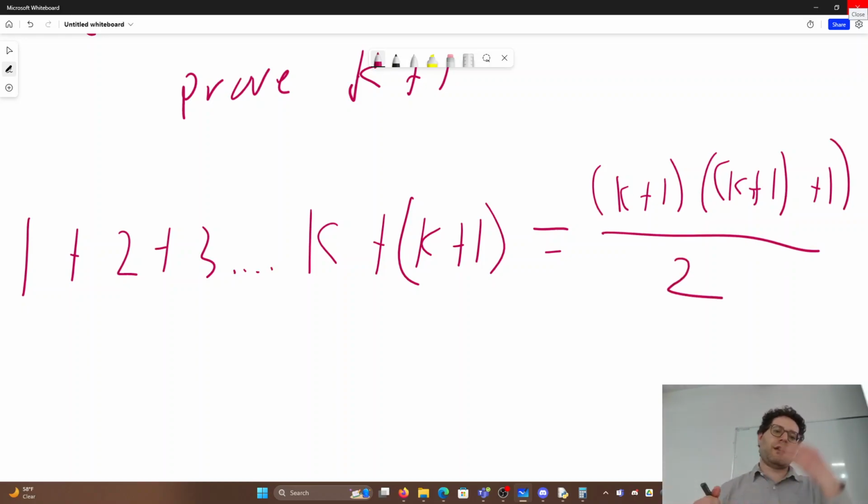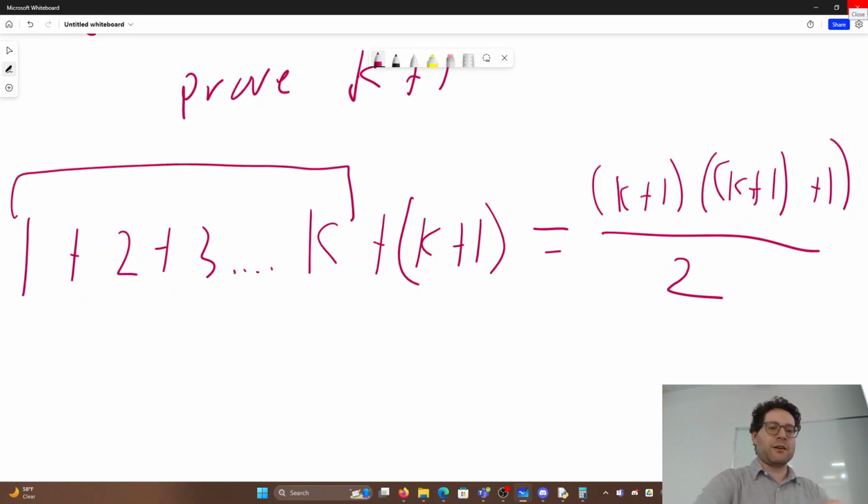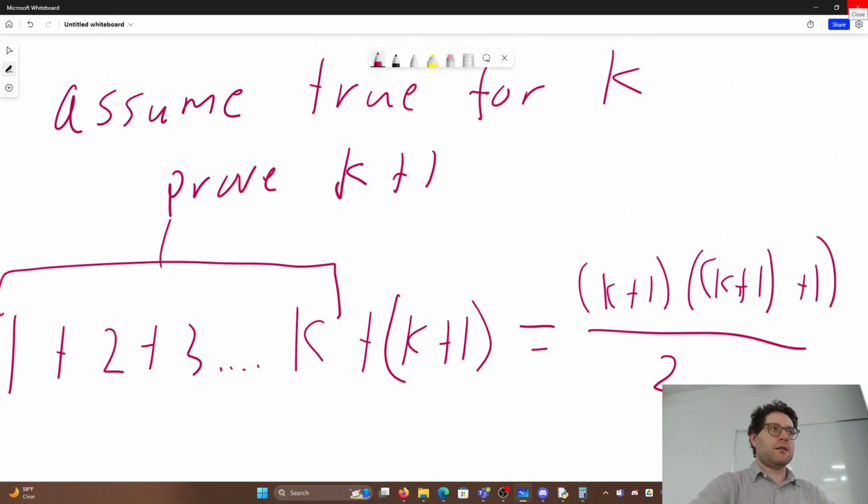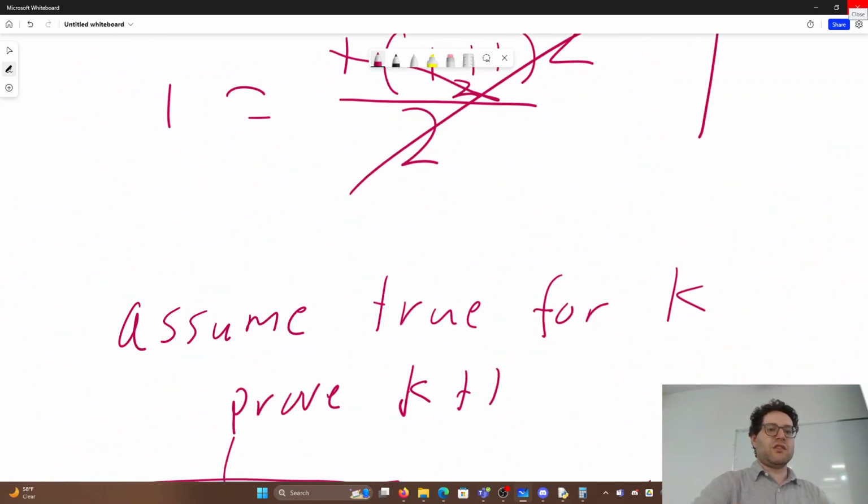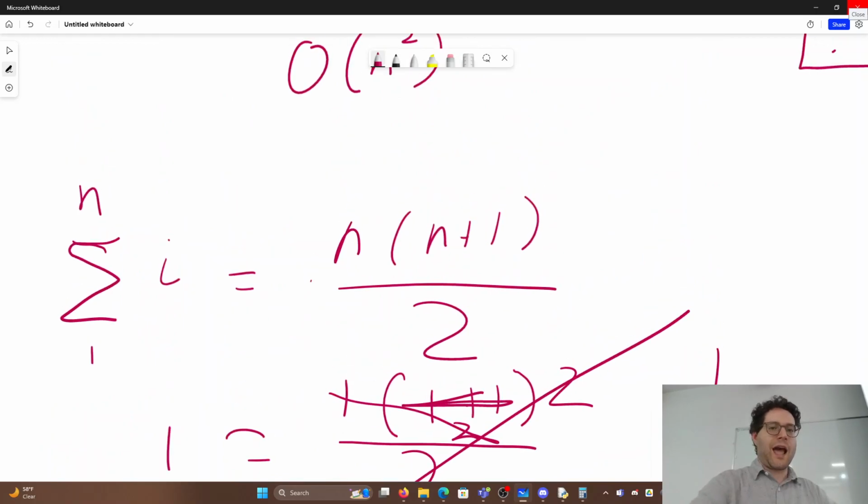Over 2. So now here's the bit where we get a bit cheeky, a bit smart, a bit clever: we assume that it's true for k, right? So we can use this identity as it relates to k.